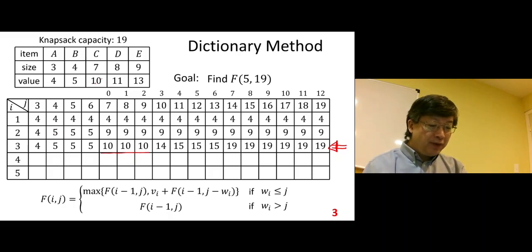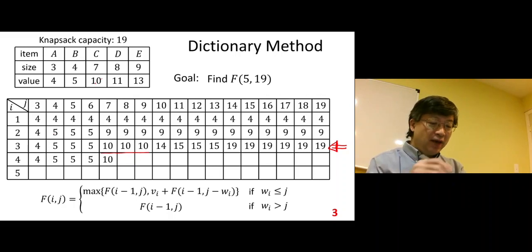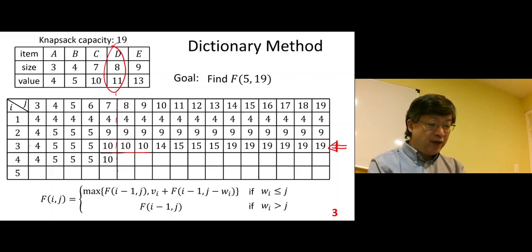This time, we need to update our auxiliary numbers. Because for item 4, before we get the size of 8, we just use the best solution from the previous row, so here we just copy.